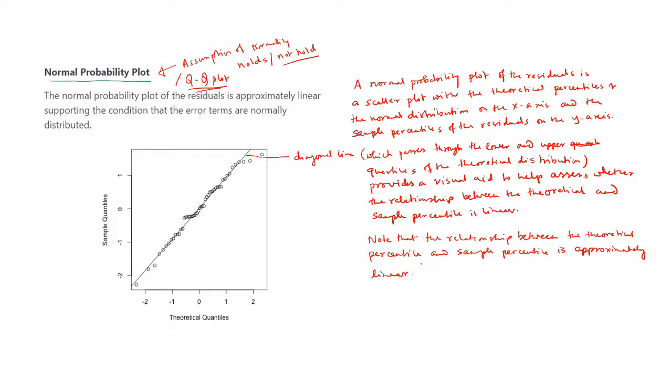Therefore, the normal probability plot, or QQ plot, of the residuals suggests that the error terms are indeed normally distributed.